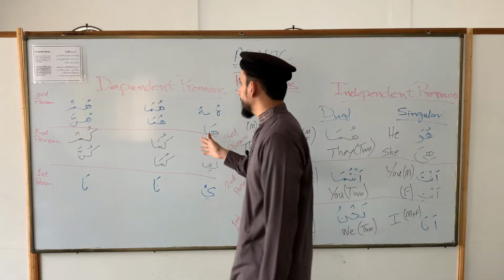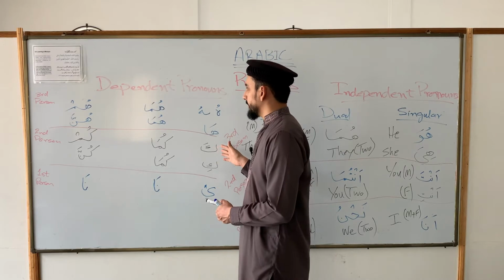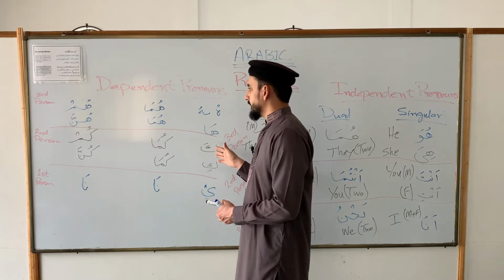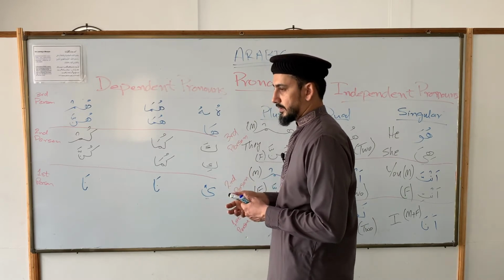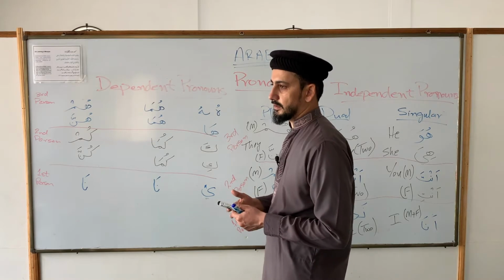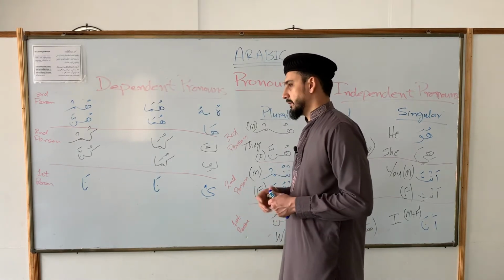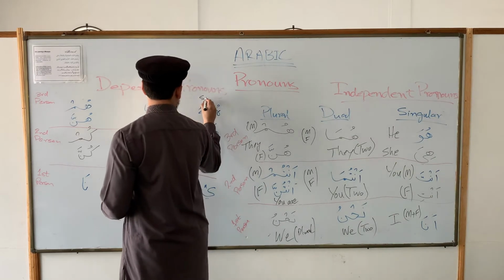This group is called dependent pronouns. And they're also important to know because they would come and join with other letters. It will be easier for us to understand when we're learning the translation. And they will be joined with something else. This is for the singular.